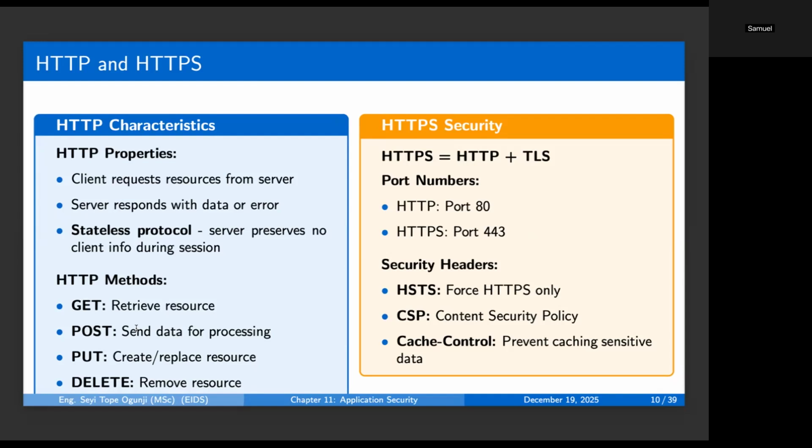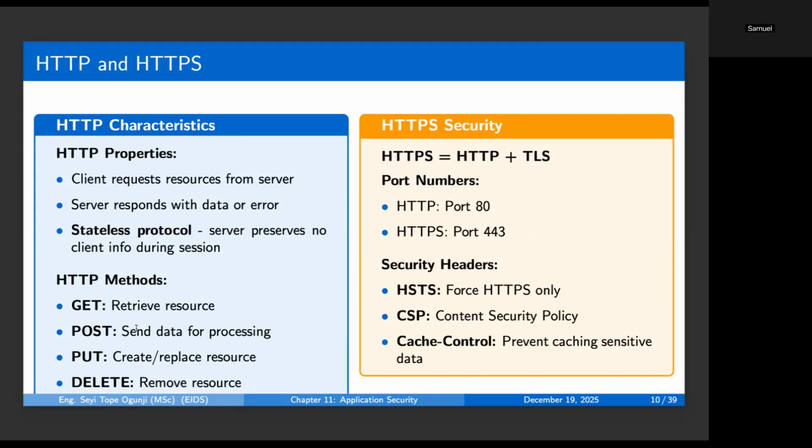You will see it these days, common when you are visiting a web browser and it shows a padlock with HTTPS. If there's no padlock there, it means it's just HTTP and it is not secure. But with HTTPS, there's going to be a padlock, and it shows that this website is secured. This communication is secured.